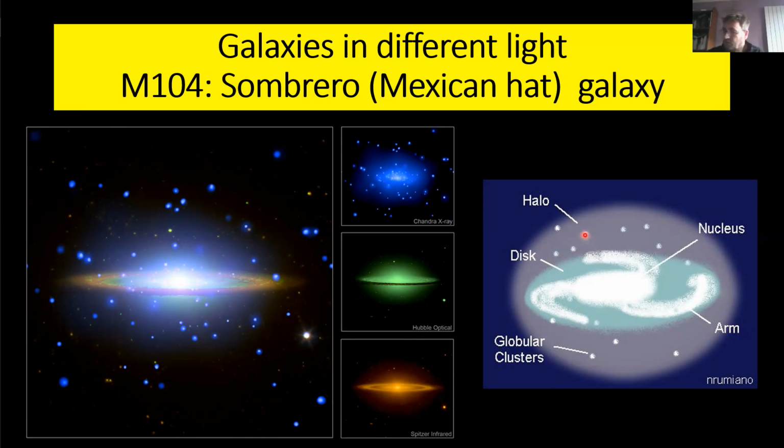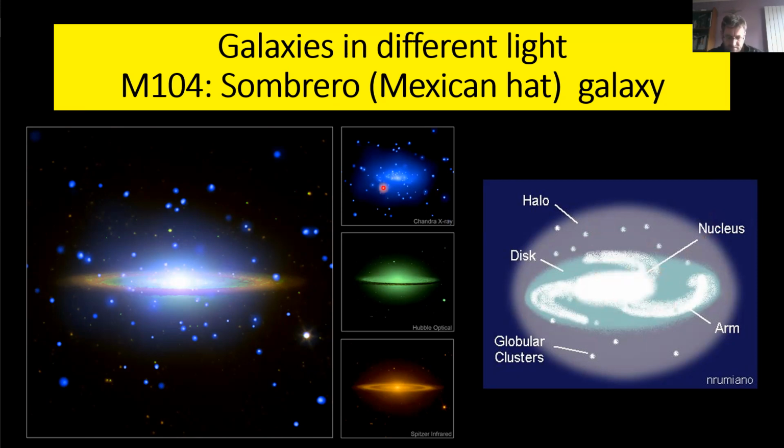Then we have these globular clusters, which means an accumulation of a couple of 100,000 stars, like a liquid drop, bound by mutual gravity, so forming some kind of small satellite galaxy. Our disk, and in there the spiral arms and what is then often called the nucleus, or the bulk in the center.